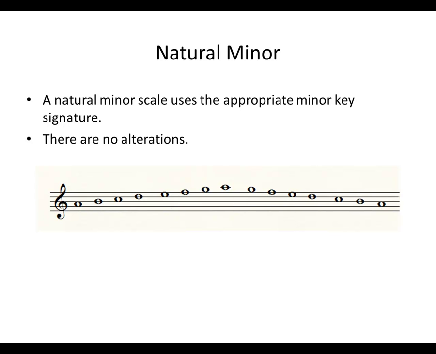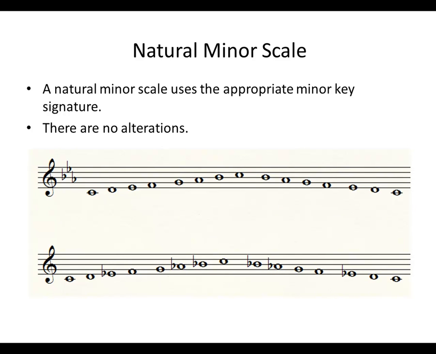If this were a major scale, well, actually that was going down a minor scale, but 7 to 8 would be a half step, but this is a whole step. So those are two distinguishing characteristics of a natural minor scale.